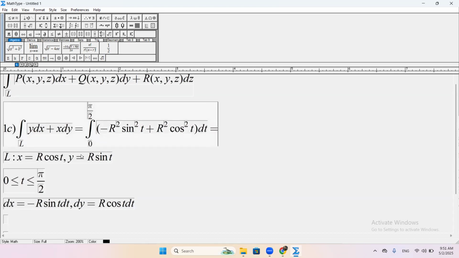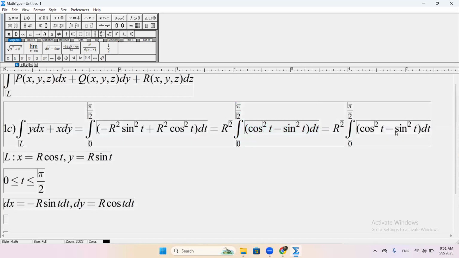Let's simplify this expression. So let's move r square out of the integral. And actually what we can see here is the formula of the cosine of the double argument. So it will be the following expression: cosine of 2t dt. So we will receive this under the integral.